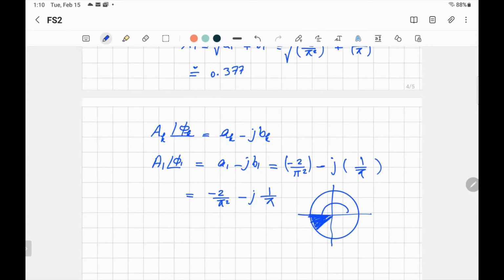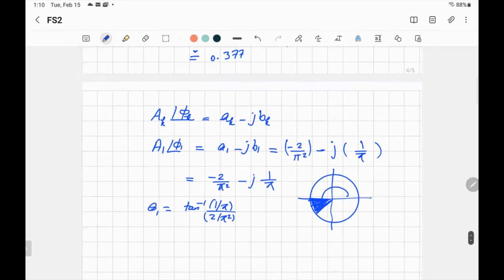So if you remove everything, you can say that theta 1 is equal to tan inverse of 1 over pi divided by 2 over pi squared. Remove all signs, just get it positive. You get the fundamental one.